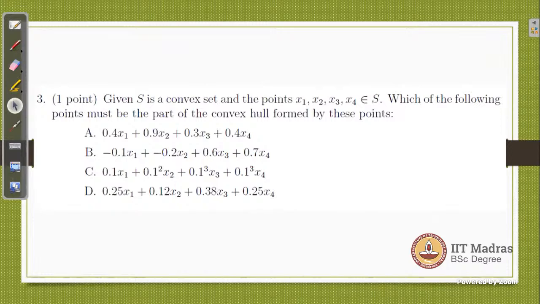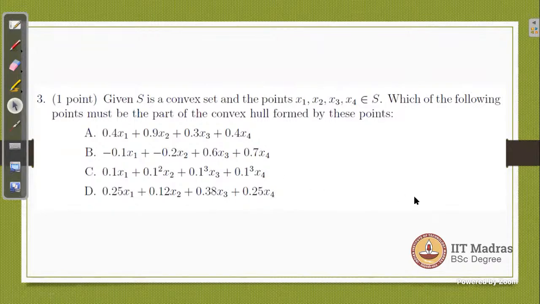So yeah, the confusion is between option B and D. Many people are saying option B, many people are saying option D, and many of you are also in favor of both option B and D. Okay. Yeah, let's see. As I said, you told one property and one property you missed.